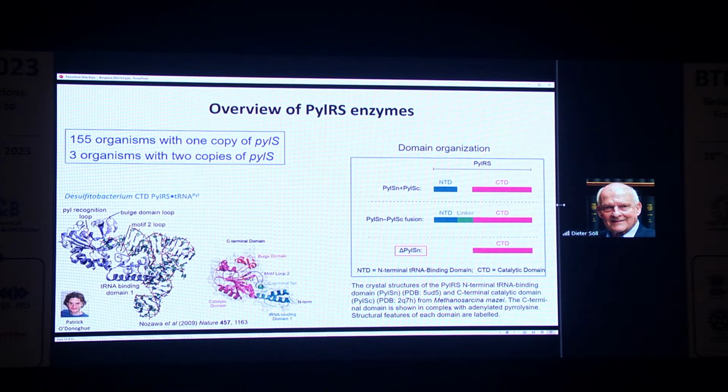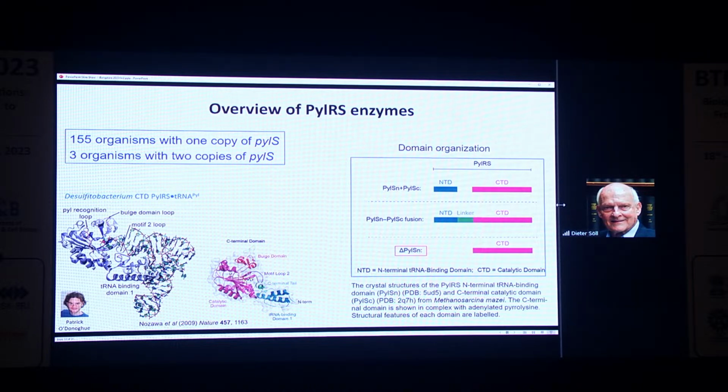In terms of structure, we showed in 2009 that the bacterium Desulfitobacterium hafniense PylRS is co-crystallized with the tRNA Pyl, but this is only a fraction of the tRNA because the N-terminal domain is exceedingly insoluble.